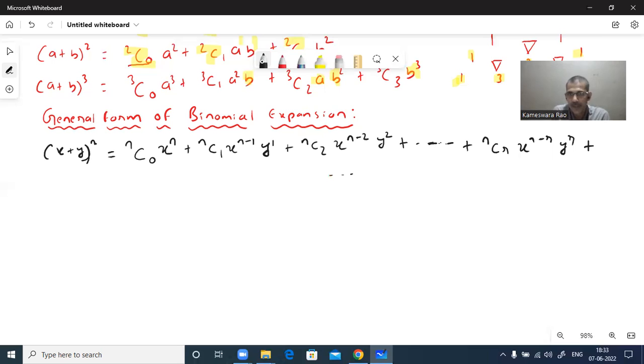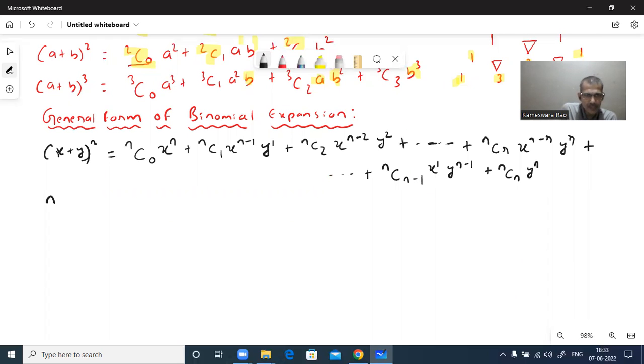And finally, the last but one term will be nC(n minus 1), x will have index 1, and y power n minus 1. The last term is nCn. And you know that the first variable will not be there and the second variable will have the highest index, that is n. This is the binomial expansion.